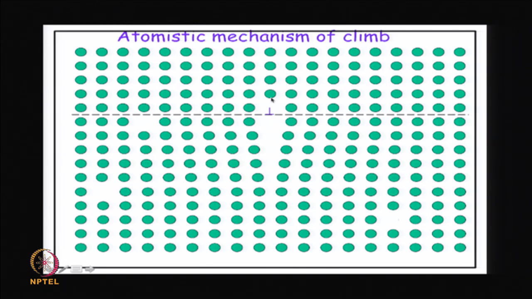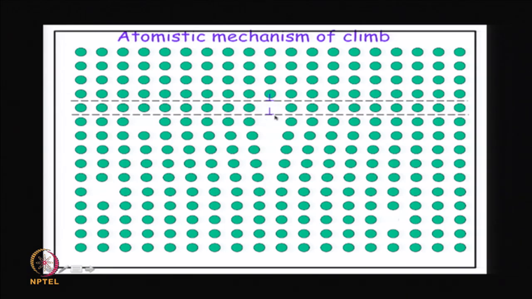Then the extra half plane now ends one plane above. So, the edge dislocation which was here has now jumped to this location, one step above. Now, after this jump, the dislocation line is lying on an adjacent parallel slip plane.